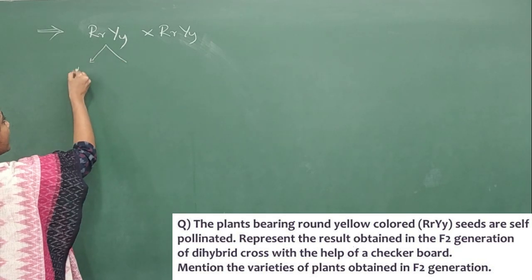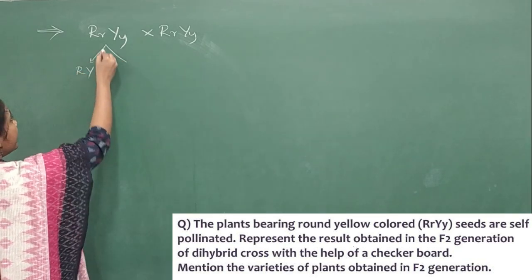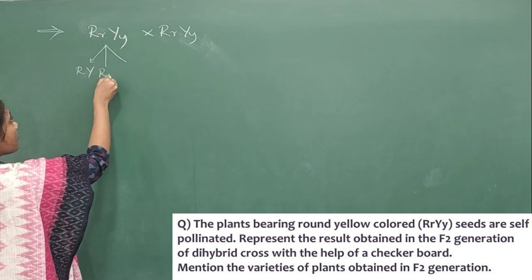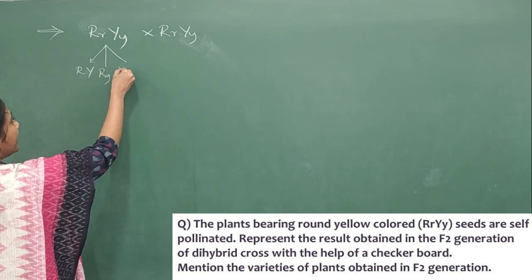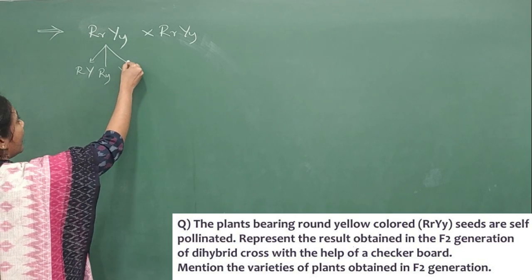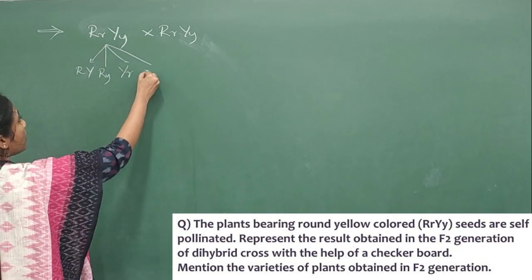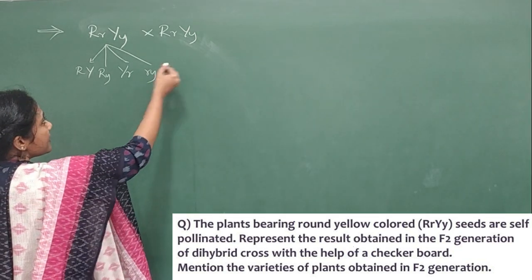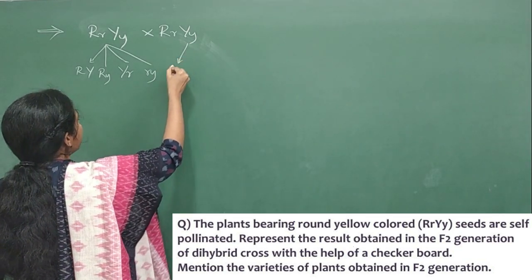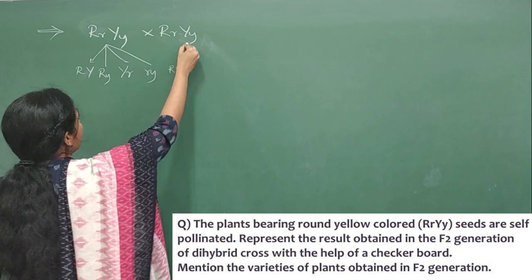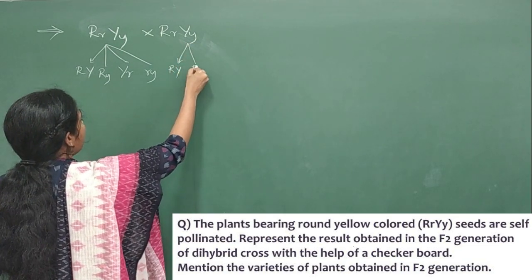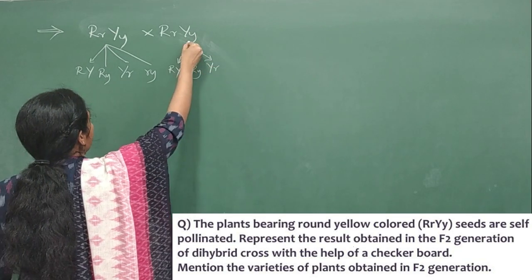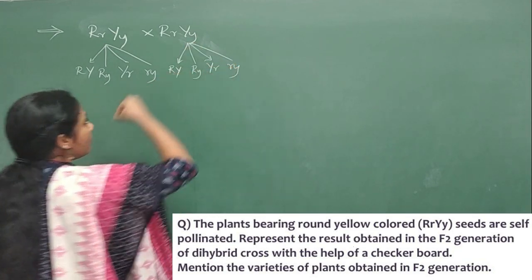You would be getting RY, and R, capital R, small y, capital Y, small r, and then one more gamete, small r, small y, isn't it? And similarly, the same type of gametes you will get even in the other plant, that is capital R, capital Y, capital R, small y, capital Y, small r, and then small r, small y.